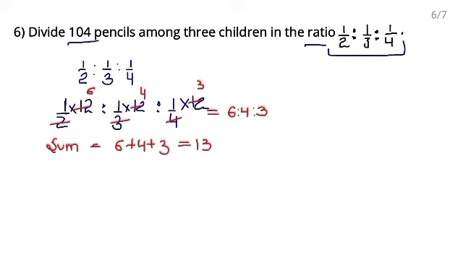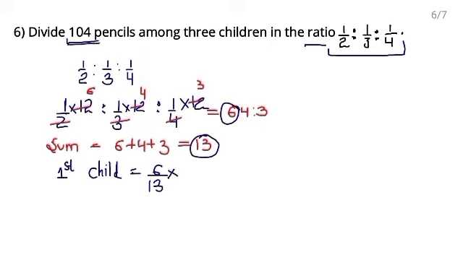Clear? Now let's find the share of the first child. Write the first ratio 6 divided by the sum of the ratios, multiplied by the total number of pencils 104. 13 8s are 104, so 6 multiplied by 8 is 48.